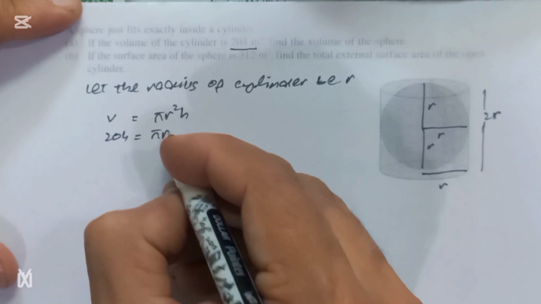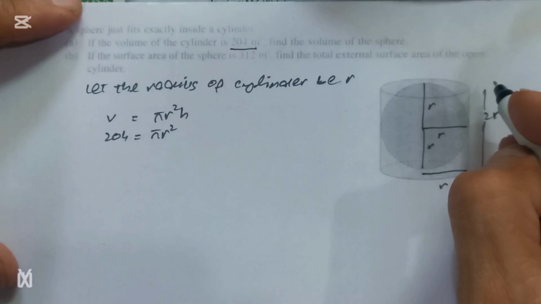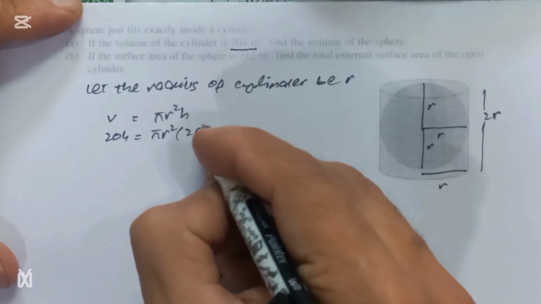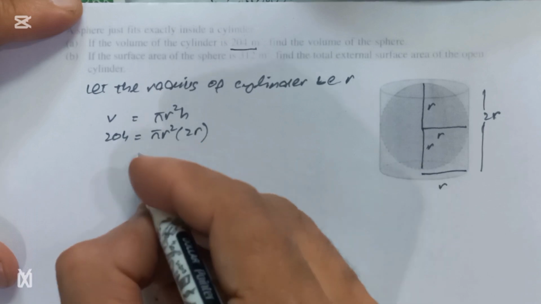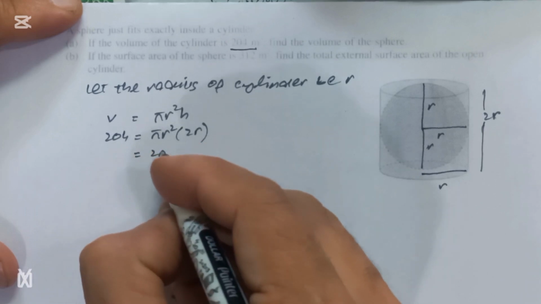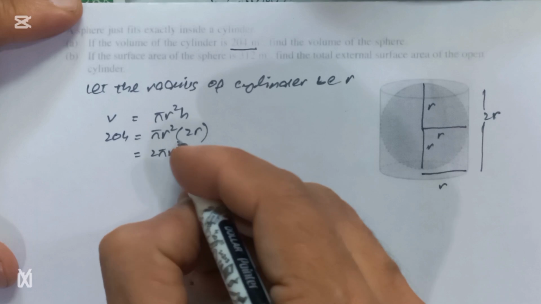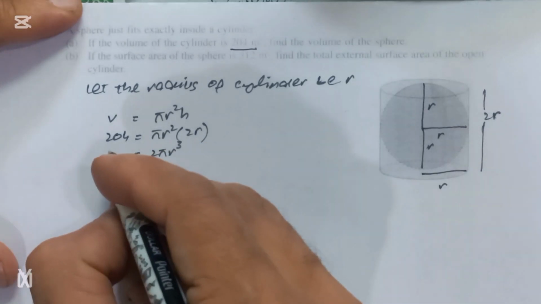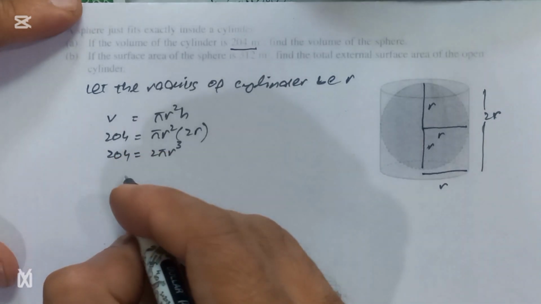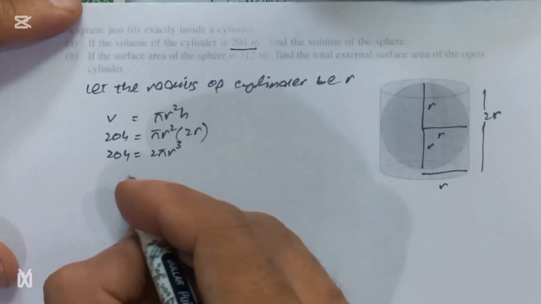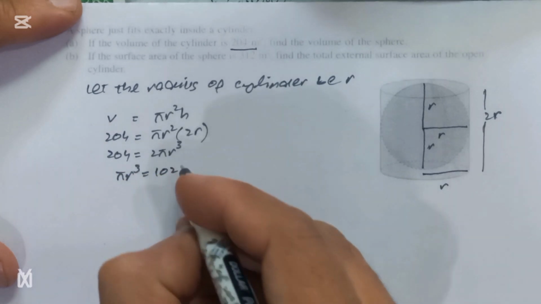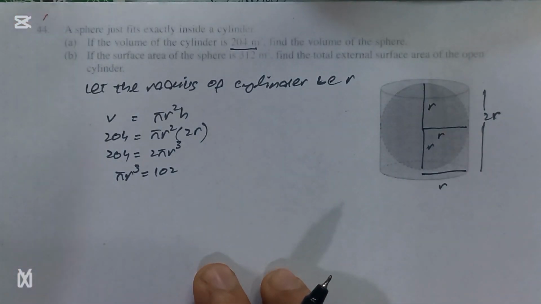Pi r square will remain as it is, and H is 2R of the cylinder. This will be equal to 2 pi r cube, equal to 204, and in other words, pi r cube will be equal to 102. So again, the requirement is find the volume of the sphere.